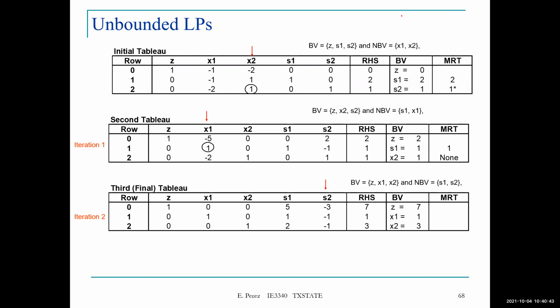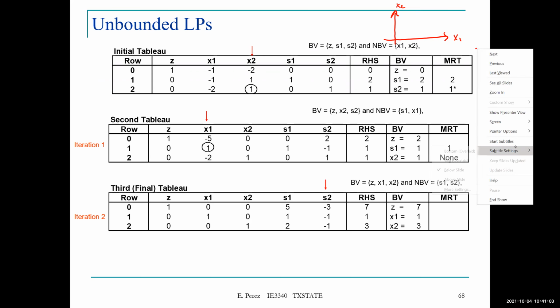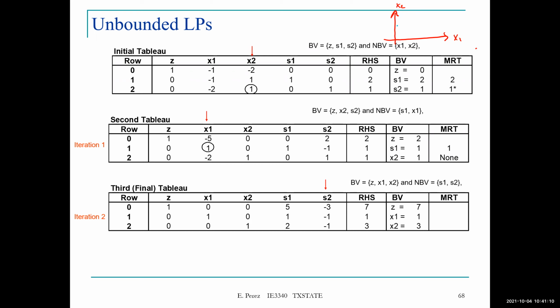What this means is, for the direction of improvement, if you remember, we have a problem like this, and we have X1, X2, and we were defining our feasible region like something like this, and this was the feasible region.